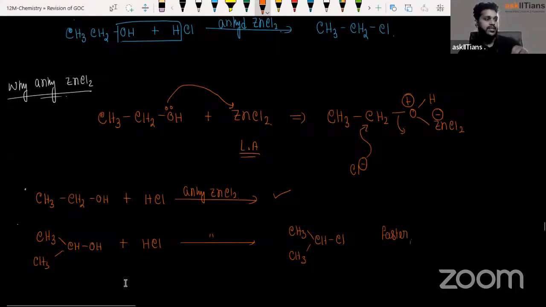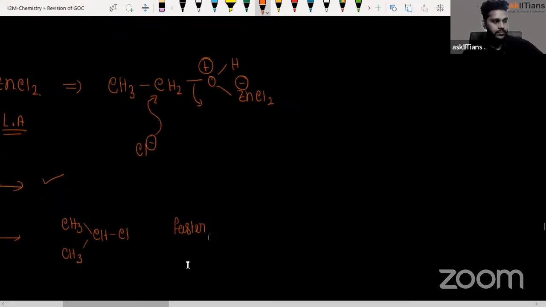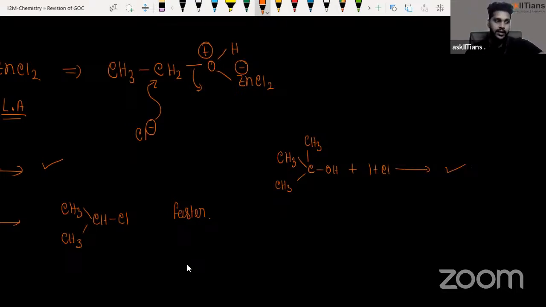And if you do the reaction with a 3-degree alcohol, you don't even need anhydrous ZnCl2. The reaction happens without anhydrous ZnCl2 as well. Just give HCl and you would get your product. Again, the product is the alcohol substituted by chlorine.